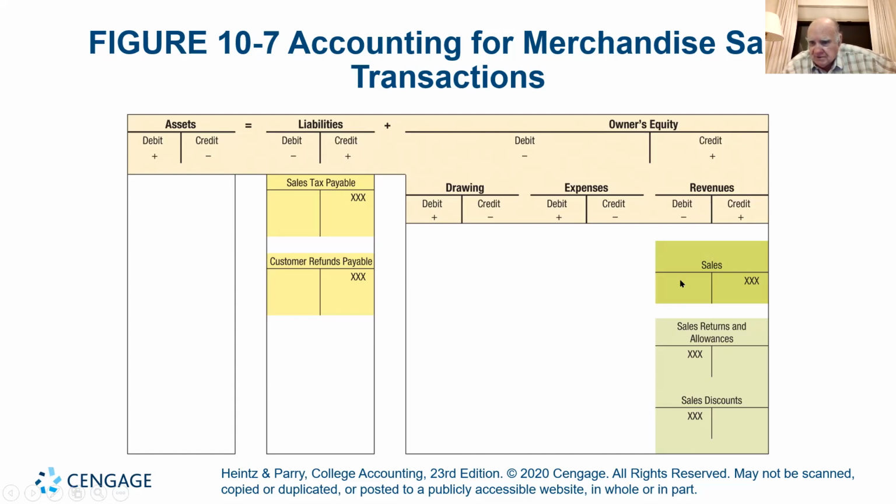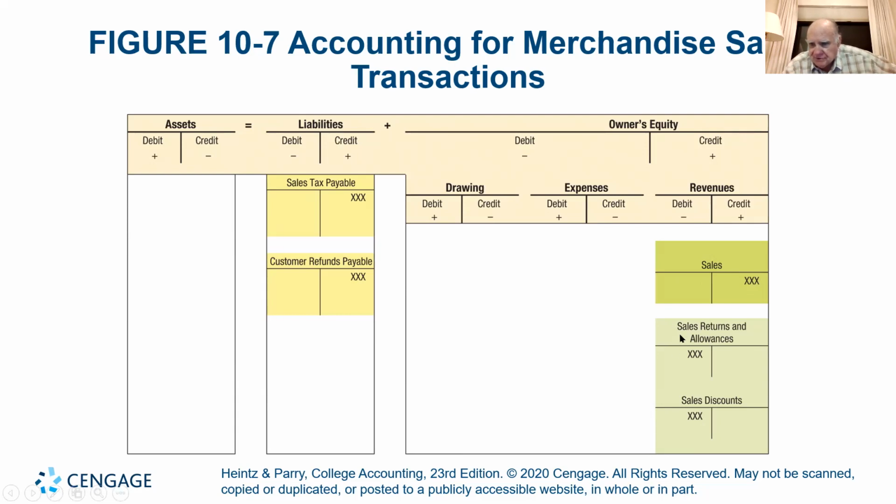You never debit sales, but you do have to reduce the sales number, which we will call gross sales. We will reduce this gross sales number by debiting 3 sales contra accounts, 3 contra sales accounts, contra revenue accounts.